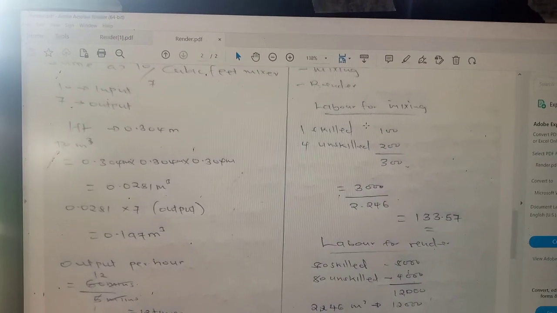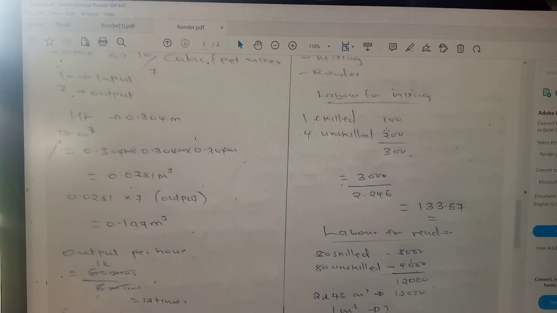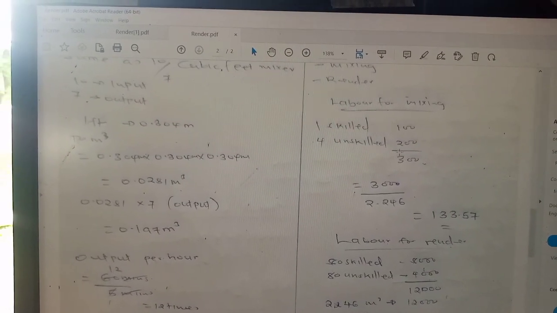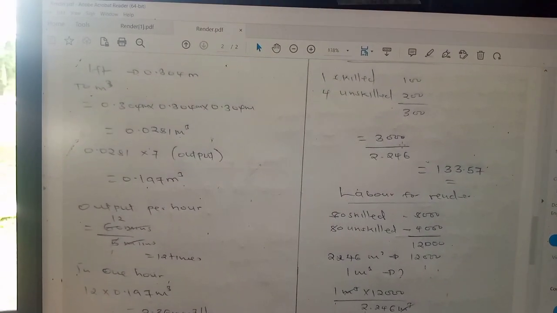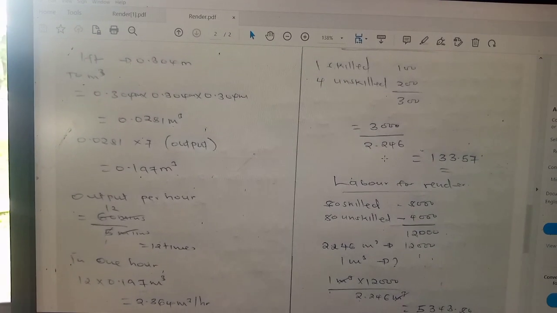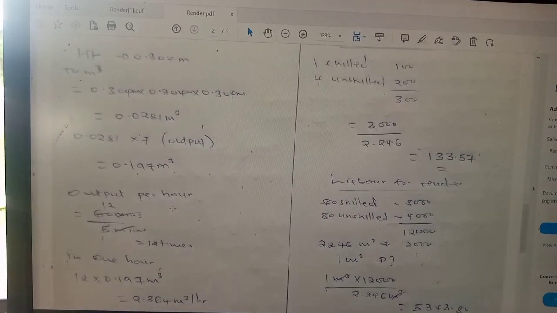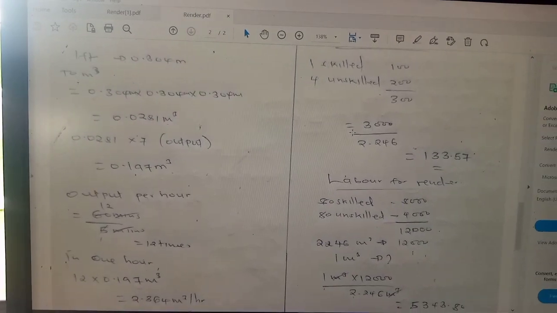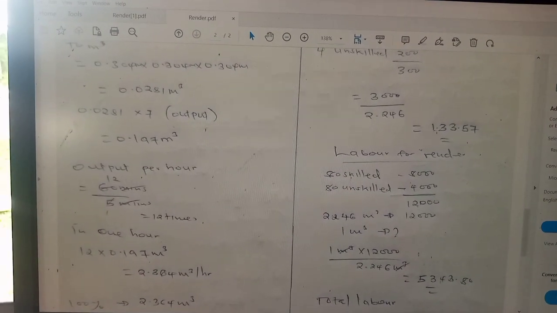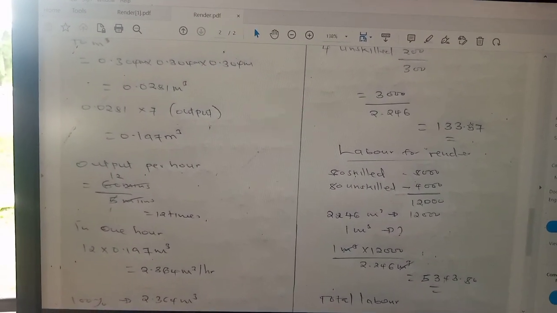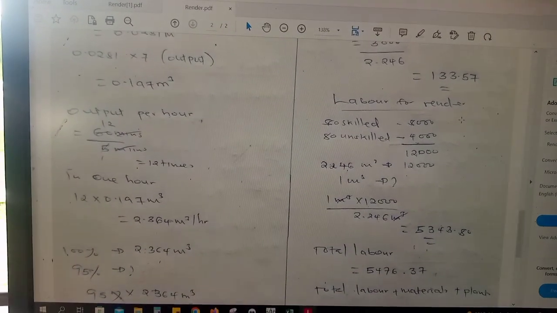So 1 skilled is 100 shillings, 4 unskilled is 200 shillings. So the total is 300 shillings. Then you take this 300 and divide it by the output of the mixer, because they'll use a mixer, to get the cost of labor. The cost of labor you'll get to be 133.57 per hour.